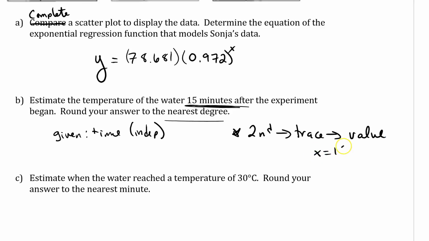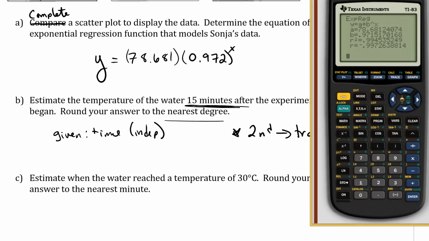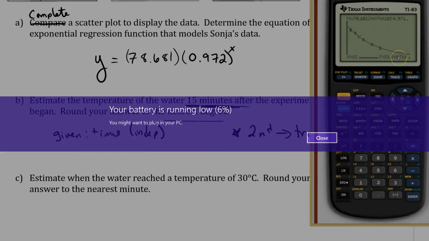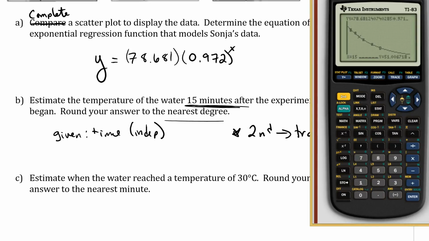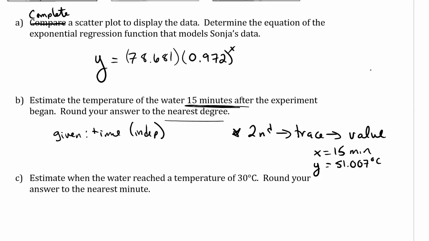And x equals 15, y equals 51.007 degrees Celsius. I'm just going to double check for the rounding here. 51.006, but we rounded up to 7. Good.